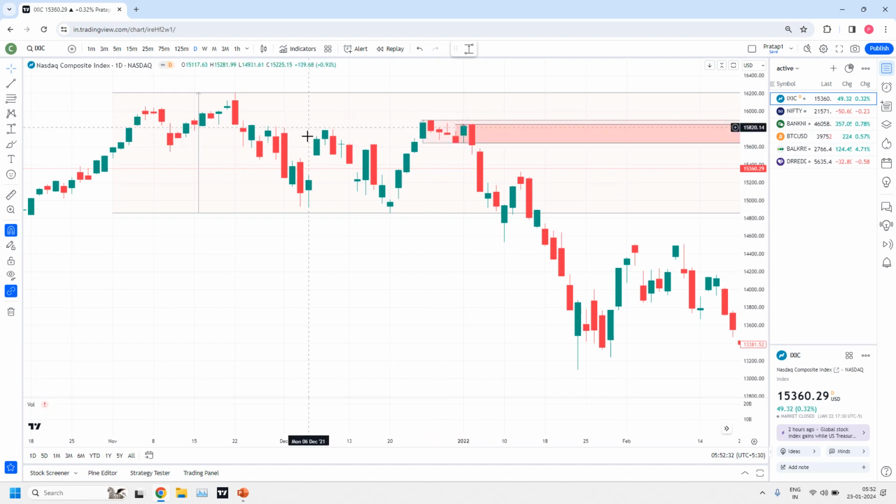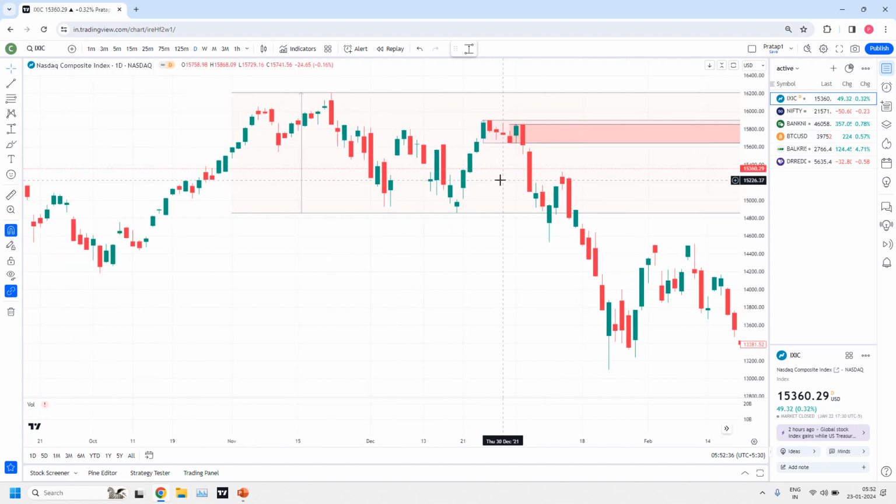That means all the three zones got the relation. What kind of relation? Daily is overlapped with weekly, weekly is overlapped with monthly. When you have such kind of overlap, that means this kind of zone confluence.